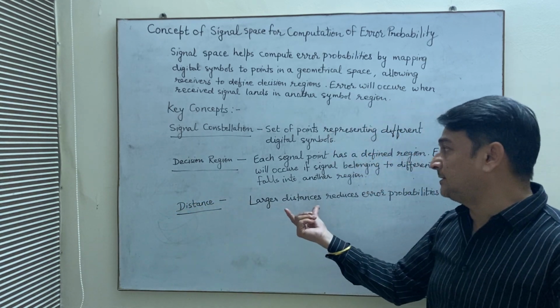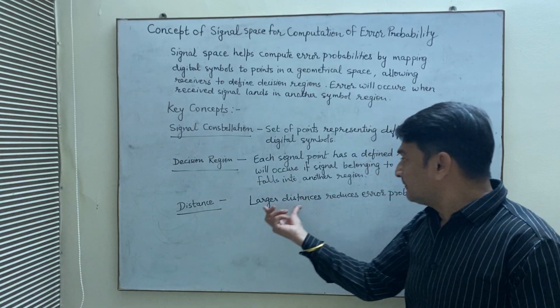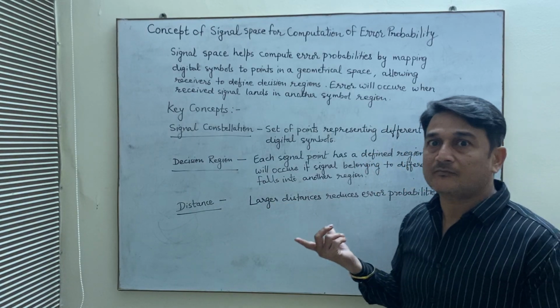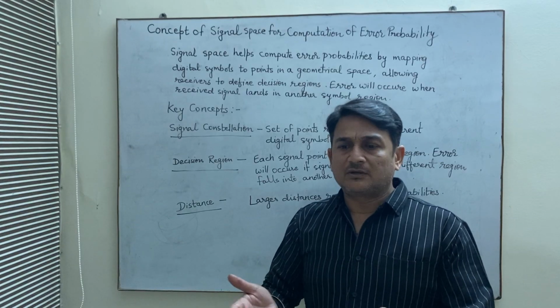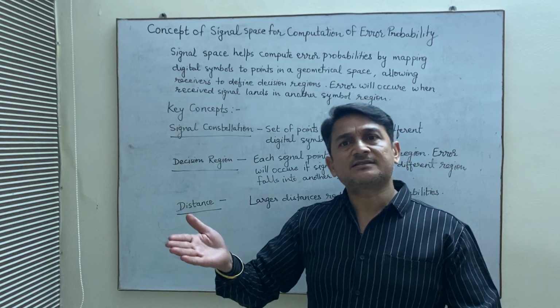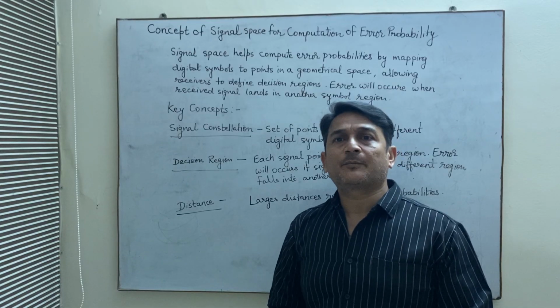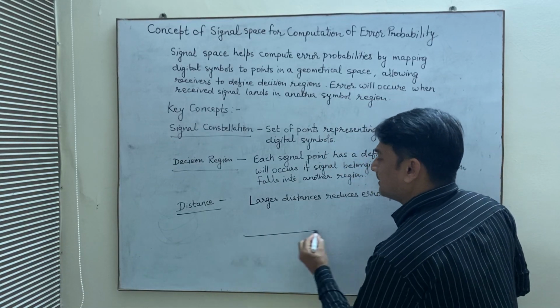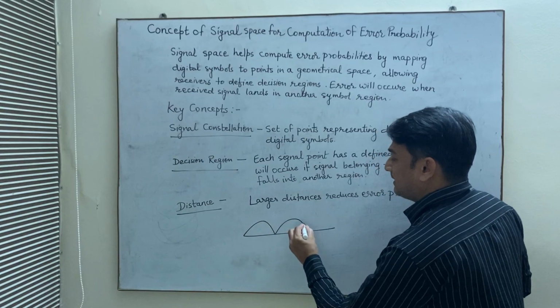Finally, distance. Larger distances reduce error probabilities. A very obvious concept: the more the distance, the less the error probability. You can also understand this with the diagram.